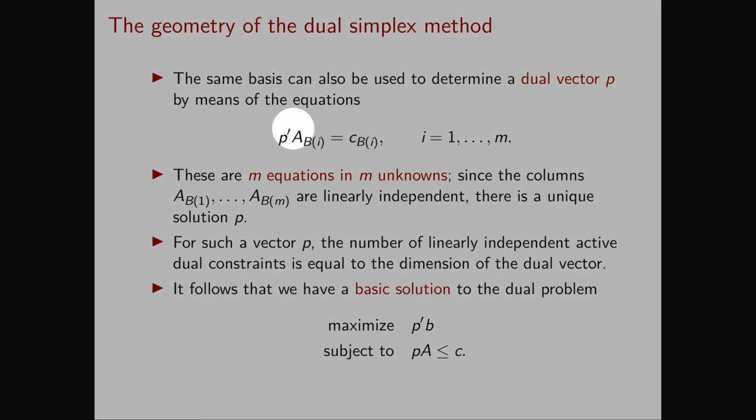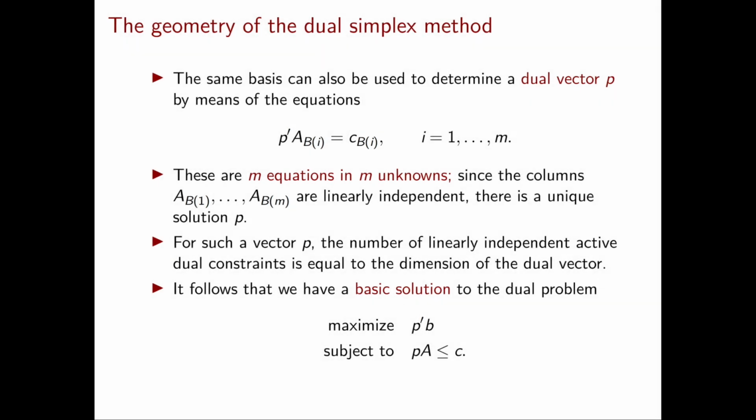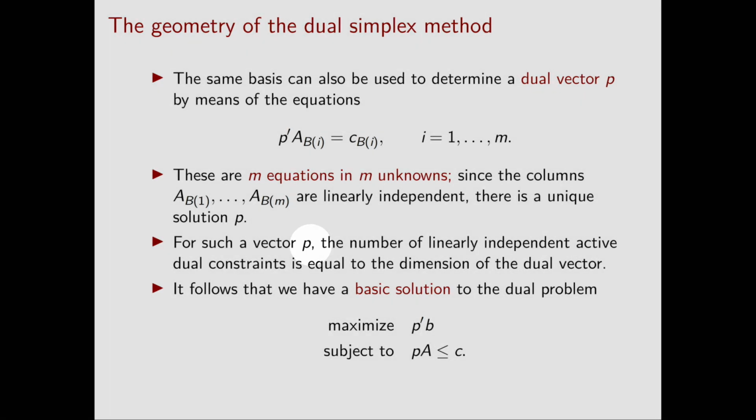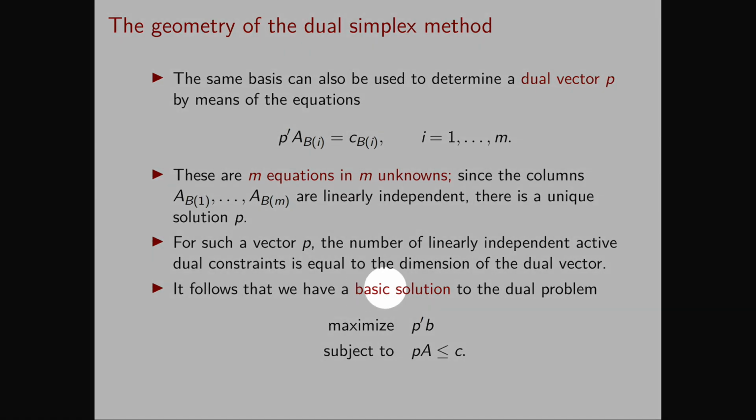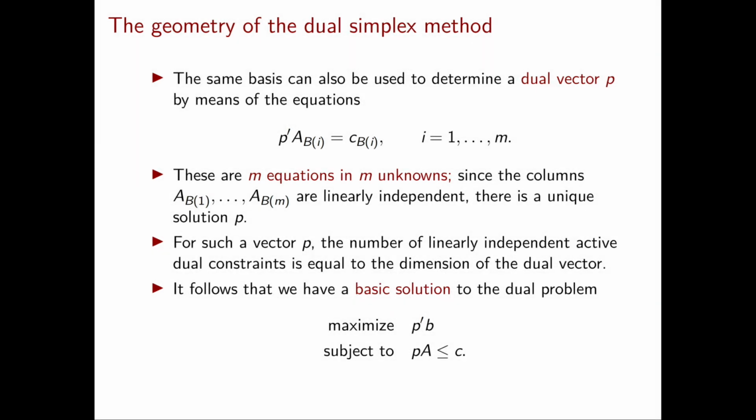Now the equality constraints that we considered were obtained by setting to equality m constraints in the dual. So for our dual vector p, the number of linearly independent active dual constraints is equal to the dimension of p. So our vector p is a basic solution to our dual linear programming problem.